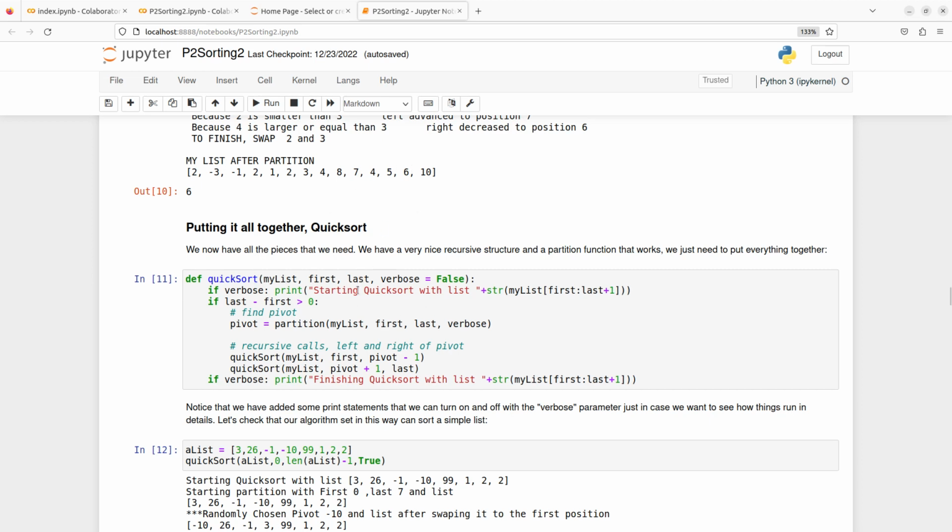So if I was lucky and quicksort divided my two lists in exactly equal parts, if I had chosen a pivot that was exactly in the middle of the list every time, I would have the same result. I would have lists of length half every time at the total height of the tree.